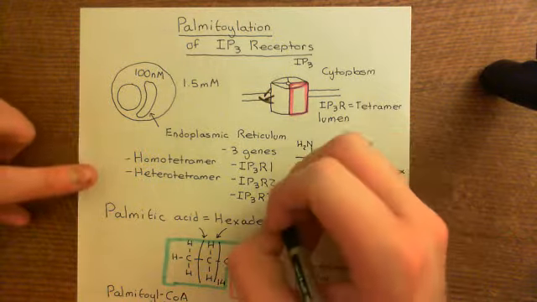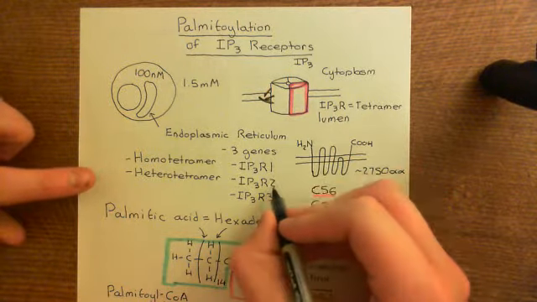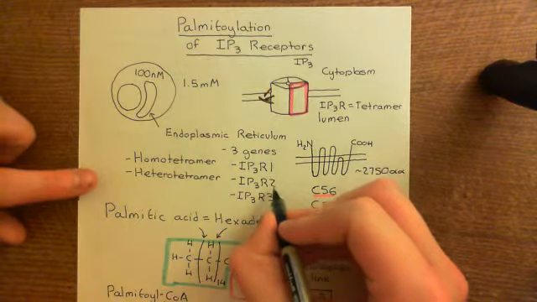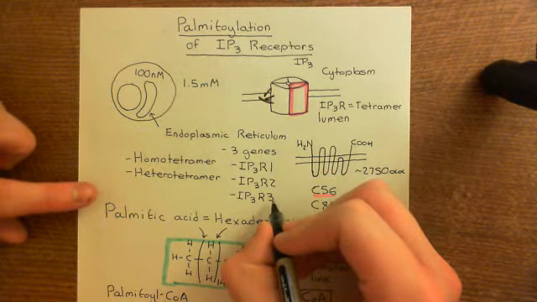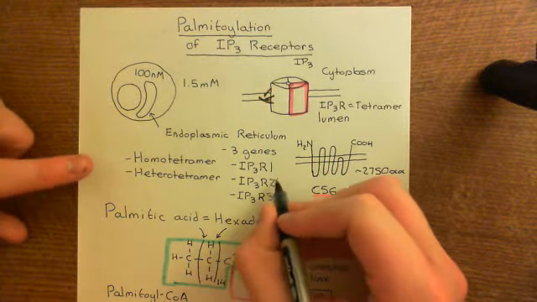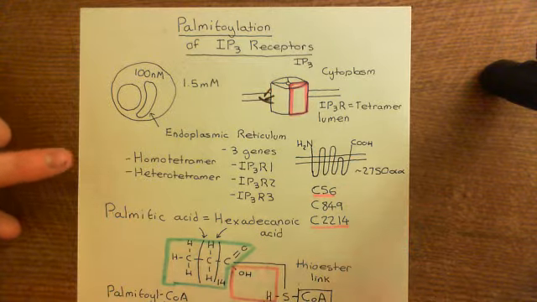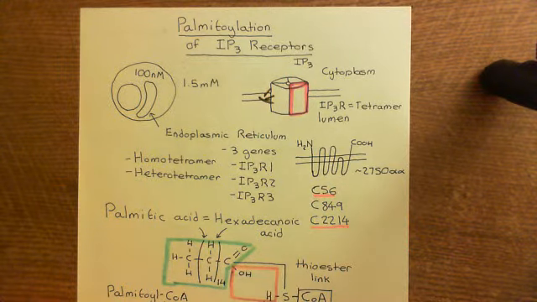And we suspect that a similar thing is true for the IP3 receptor subunit type 2 and also the IP3 receptor subunit type 3, but as I say, it hasn't been characterized. So that now concludes our discussion of the palmitoylation of the IP3 receptors.